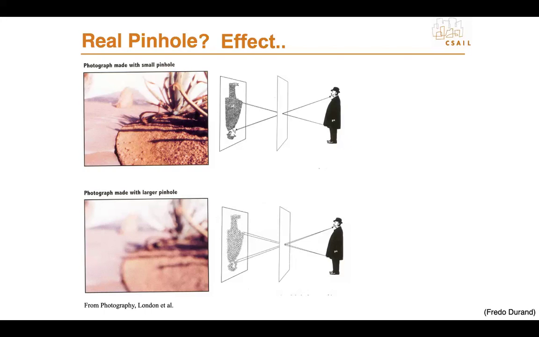But if you have a hole that is a little bit larger, these rays are going to mix up and reach the sensor, and be integrated into a blur, and we have a fuzzy image. And we don't want that, right? So how do we determine the right size of this hole for a real pinhole camera?